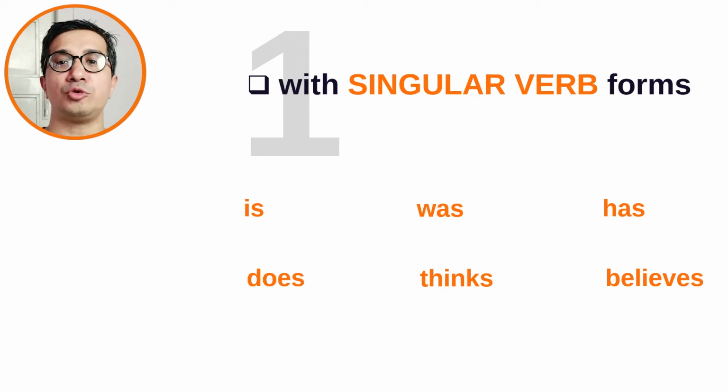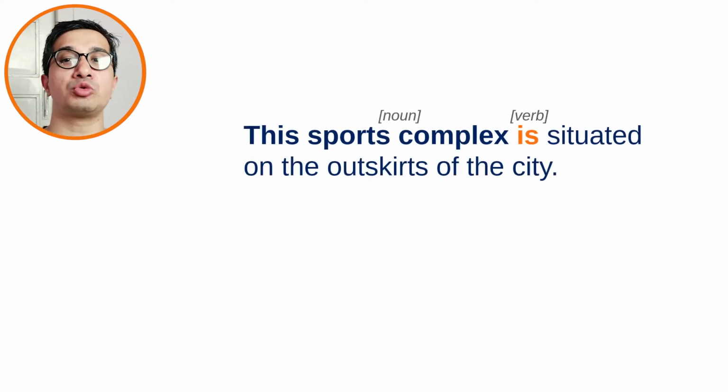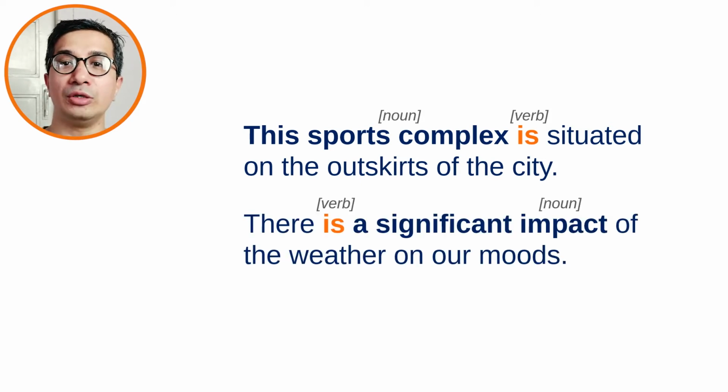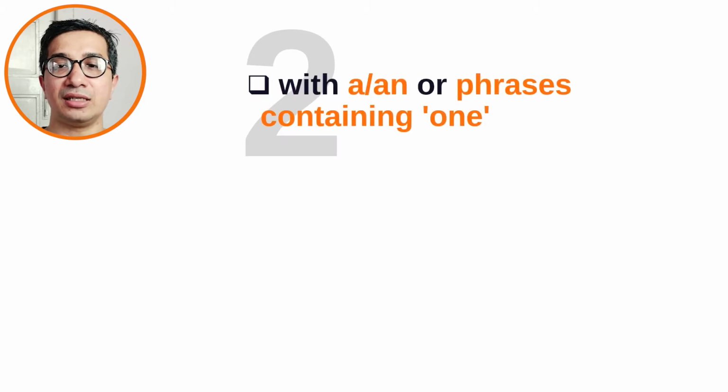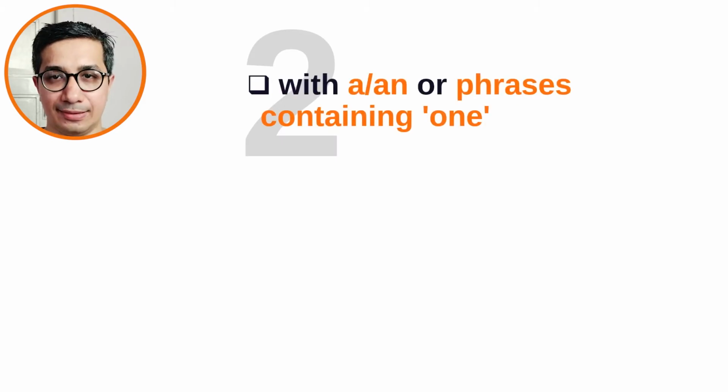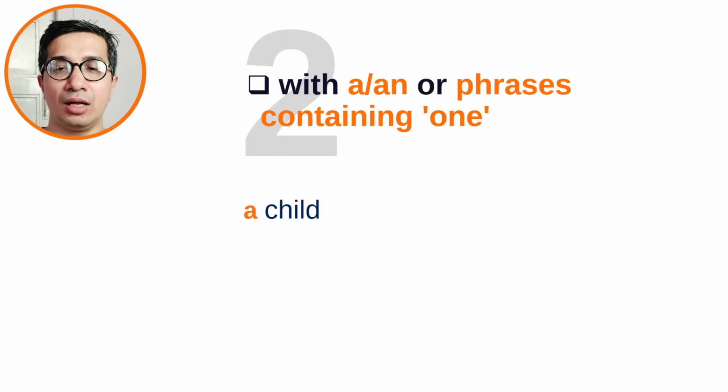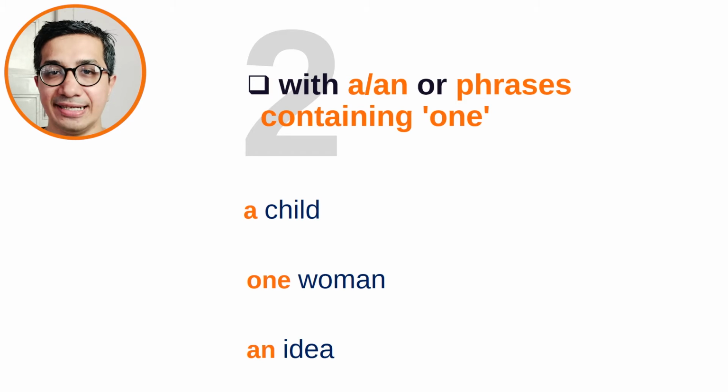As in, the sports complex is situated on the outskirts of this city. Or there is a significant impact of the weather on our moods. We also use singular nouns with indefinite determiners or articles a, an, or phrases containing one, as in a child, one woman or an idea.